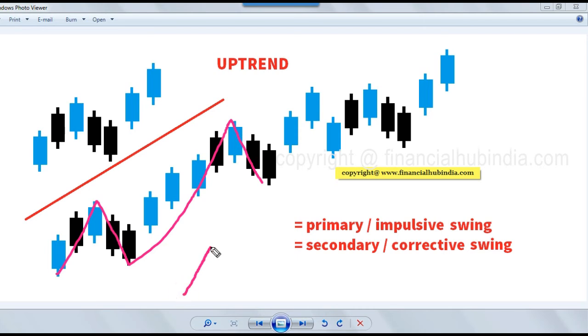So it's like this is your swing one, which traveled from this price level to this price level. Let's assume this price level is 500 and it goes up to 600, for example, and then it goes down. From 600 it goes down to, let's say, 550, and from 550 again it shoots up to, let's say, 650.